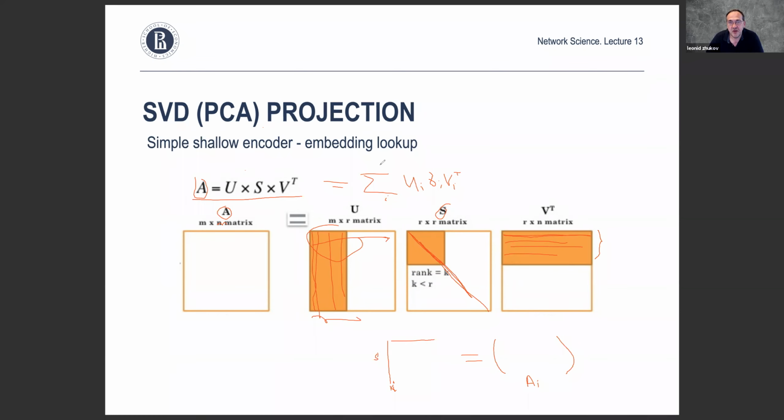So if I take some, not all of them, but from the first column to, let's say, the kth column, I will create the approximation A sub k.